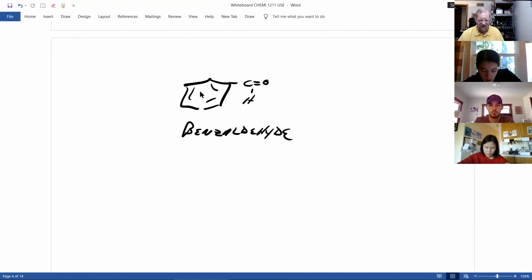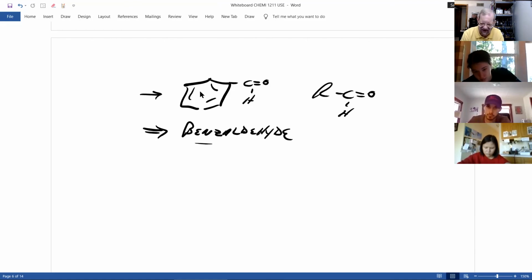And that's this one. When R is a benzene ring, it's called benzaldehyde. We talked about that earlier in the lab, and you should know that if I draw the structure and ask what's the IUPAC name, it's benzaldehyde. Or if I give the name, draw the structure, it's benzaldehyde.